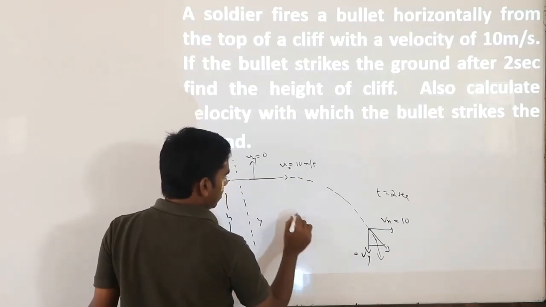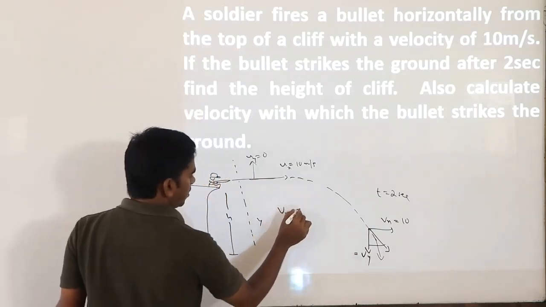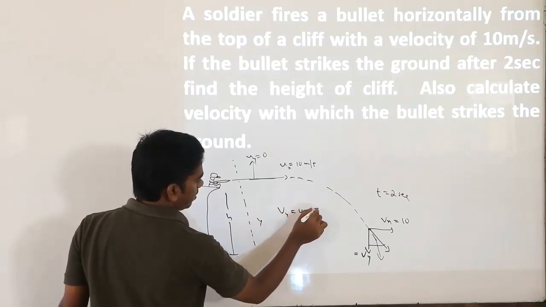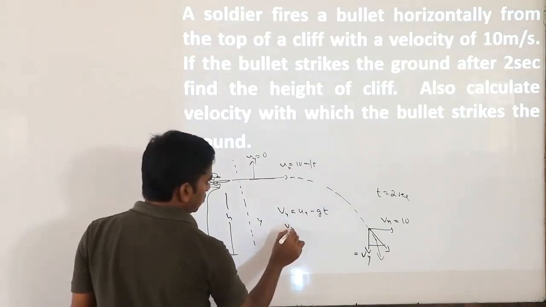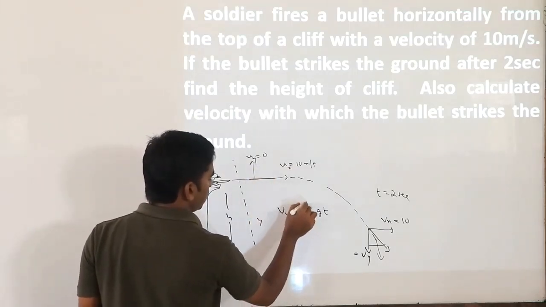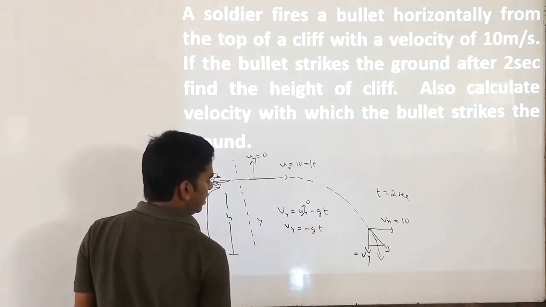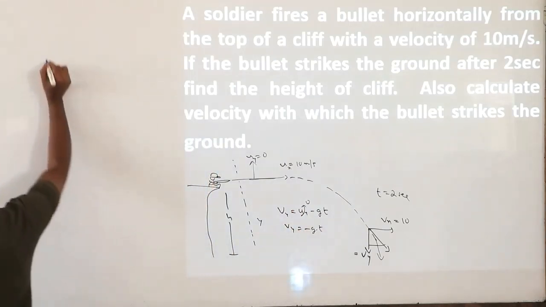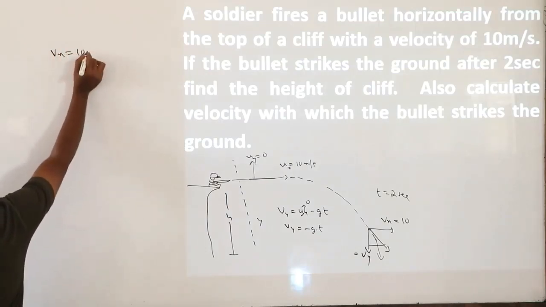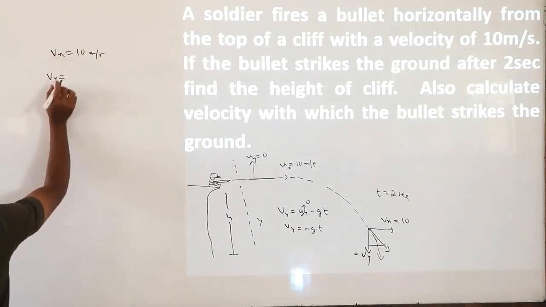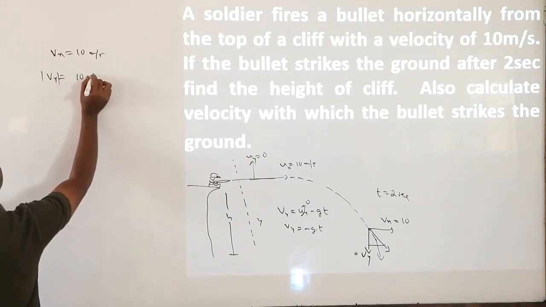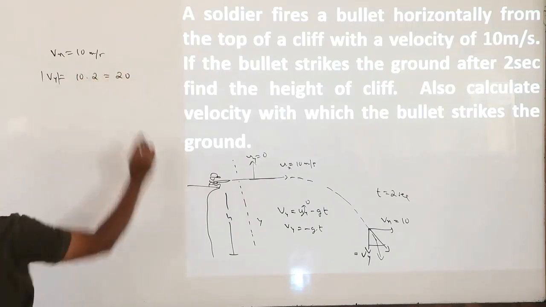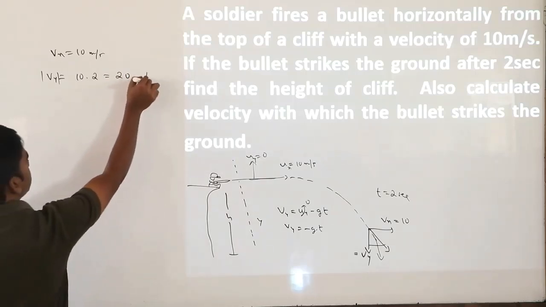Vy equals uy minus gt, like v equals u plus at. Uy equals 0, so this will go. It is minus g into t. So vx is 10 meter per second. Vy is minus g into t; take the magnitude. Taking g as 10 and t as 2 seconds, this becomes 20 meter per second.